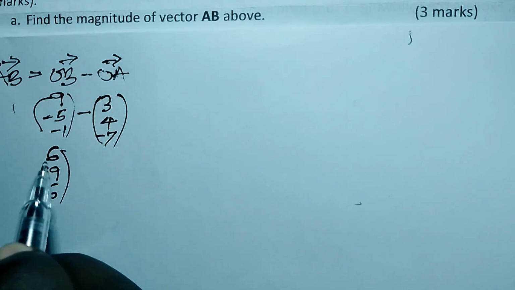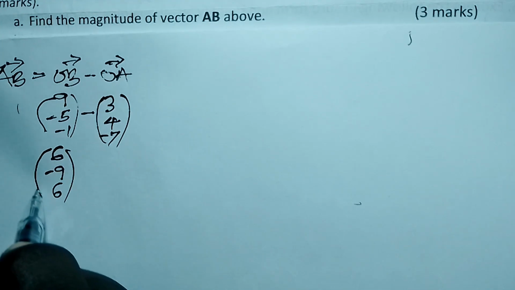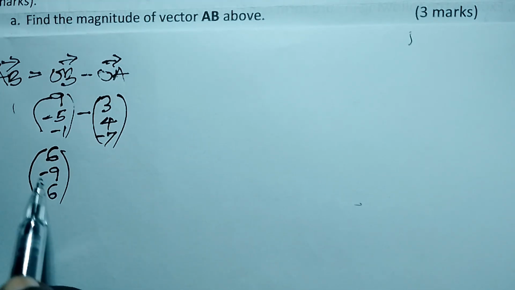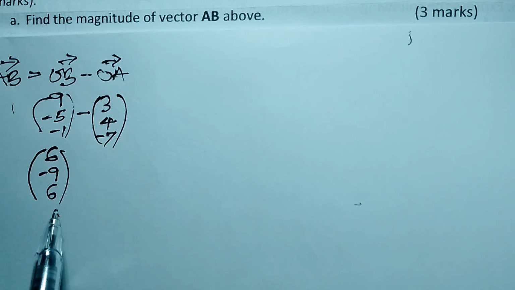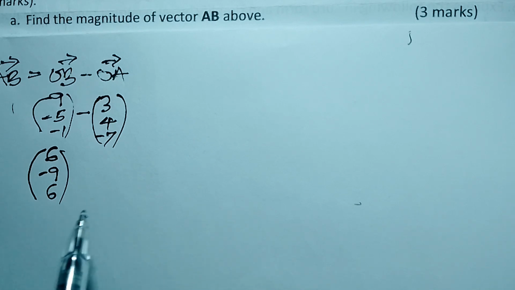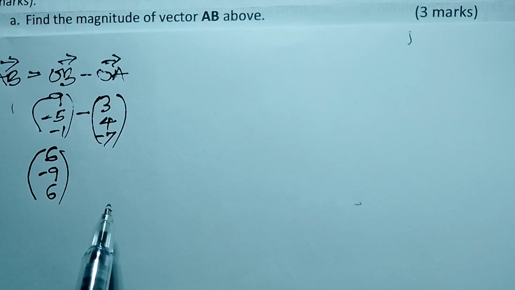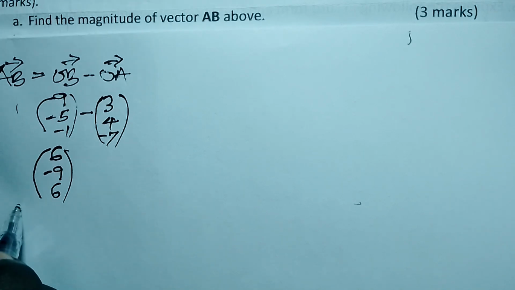So we now have the column vector AB given by 6, negative 9, positive 6.